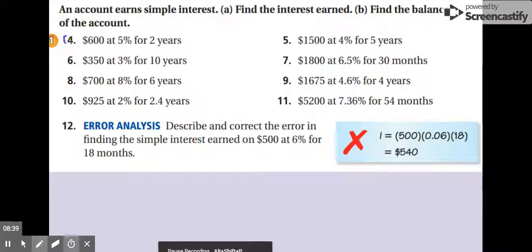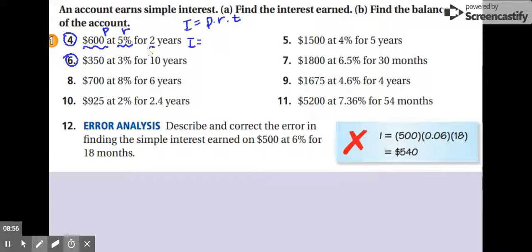I'm going to go over 2 questions here, 4 and 6. So remember, I is equal to PRT. So we're looking for the interest. So what is the principal here? How much is the principal? This is P, 600. And 5% is R, 2 years is T. And we're not using the percent itself in the equation. So you have to change this to 5 hundredths, which is 0.05, times by 2.